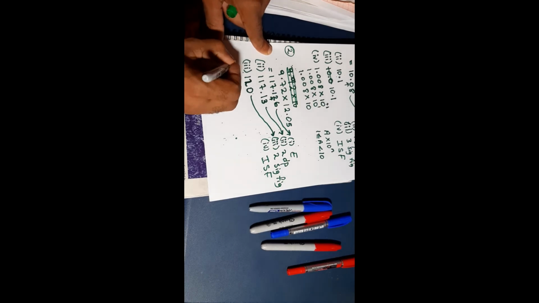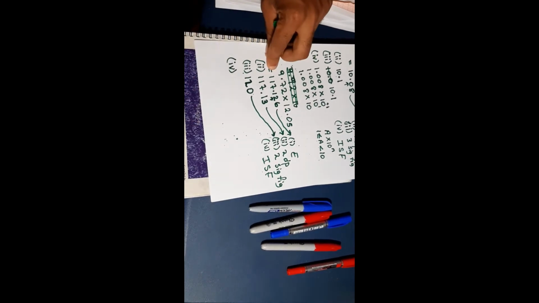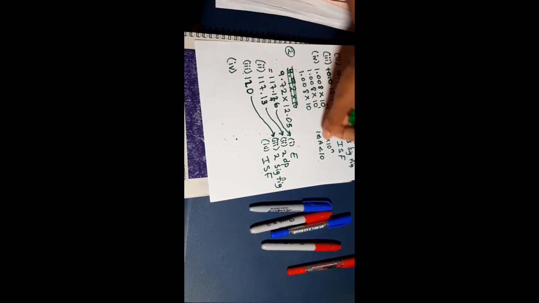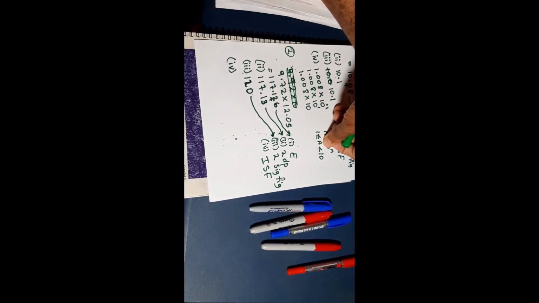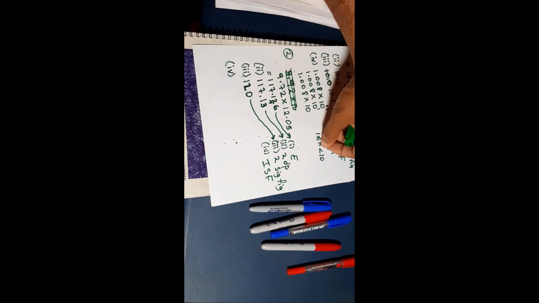Now they said that they want it in standard form. So 117.12. Remember the inequality. 117 is way greater than 10. We need the number to be less than 10. If we move the decimal point 1 place, 11 is still greater than 10.